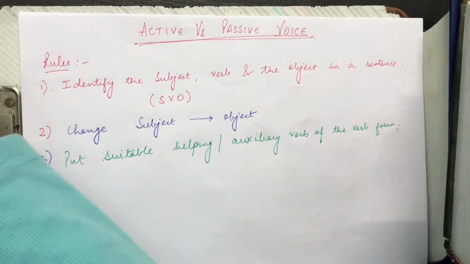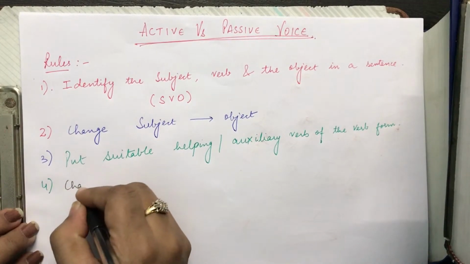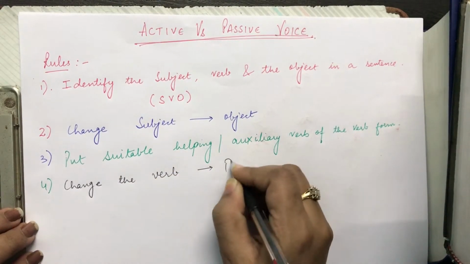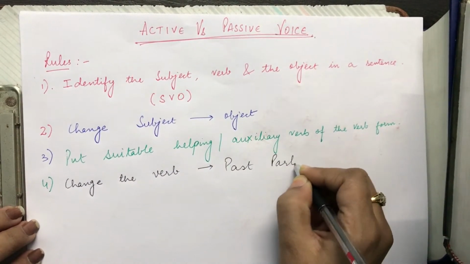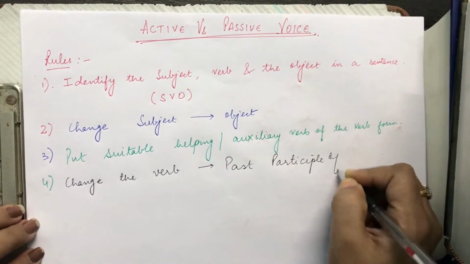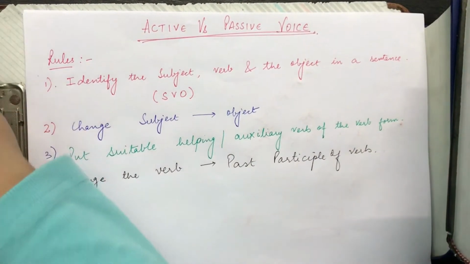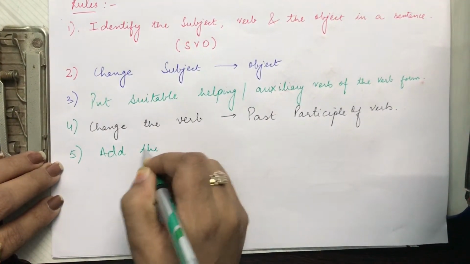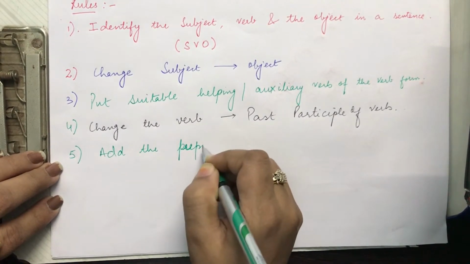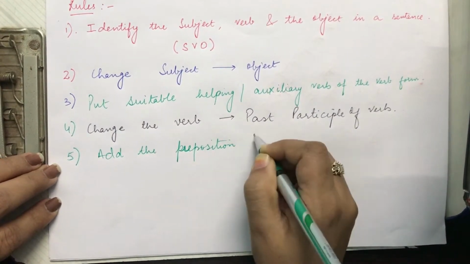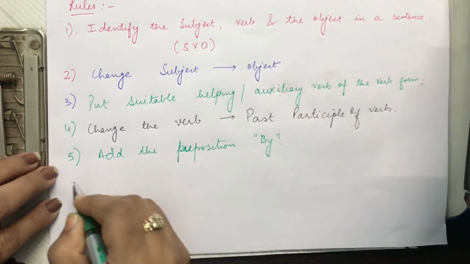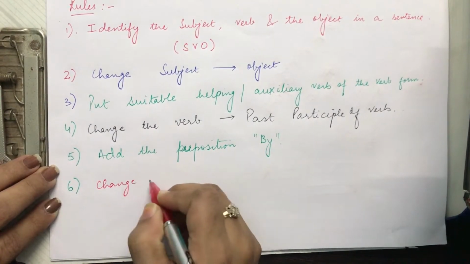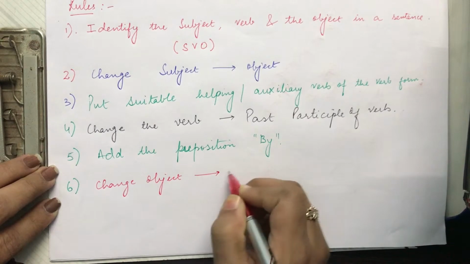Okay, the next one is change the verb to the past participle of the verb. Okay, the next one, add the preposition by in a sentence, and lastly change the object into subject.